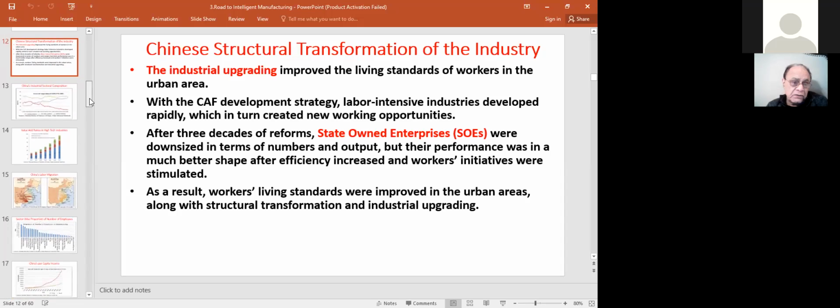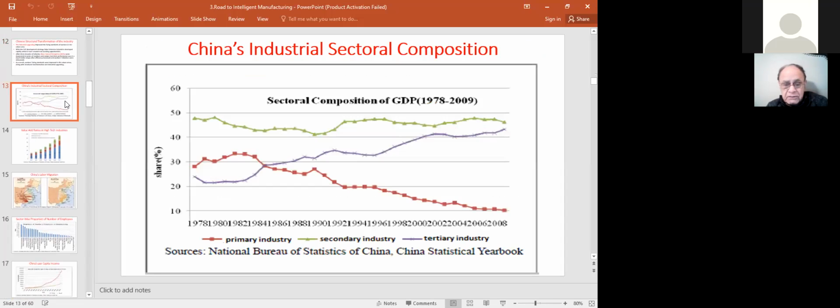I can show you a graph which starts from 1978 to 2008, and on the vertical axis, you see the percentage share of GDP in various sectors. Red is the primary industry, green is the secondary industry, and gray is the tertiary industry.